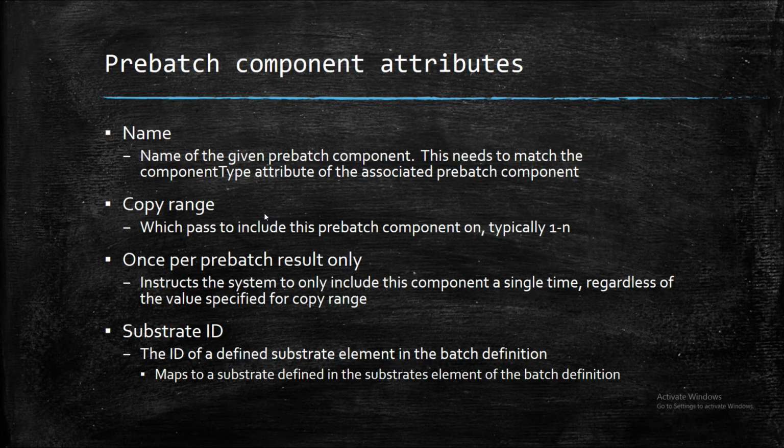Now the classic example of that is when you're dealing with something like an order slate, or what some people refer to as a banner. You don't want to include that for every single pass as it goes through the pre-batch components order. You just want to include it one time. And we'll take a look at that too as we get into the software and see exactly how that works.